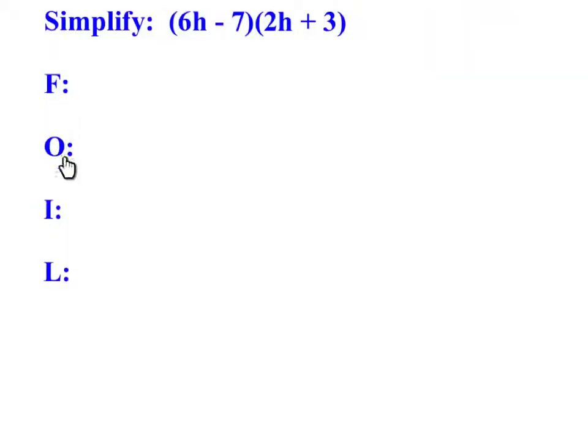Let's do it again. We're going to use FOIL to take this multiplication problem and turn it into an addition problem. Remember, first terms, and one way you can do this is you definitely can just think of it as the distributive property twice, because that is really what's going on.